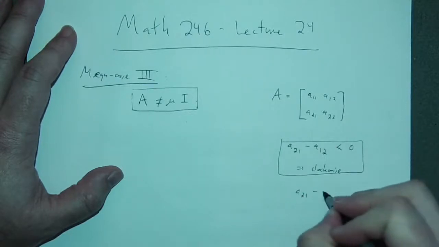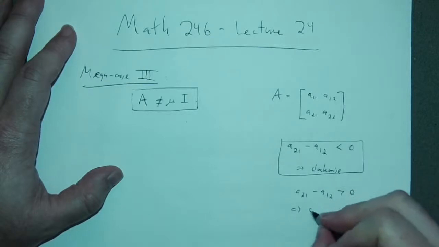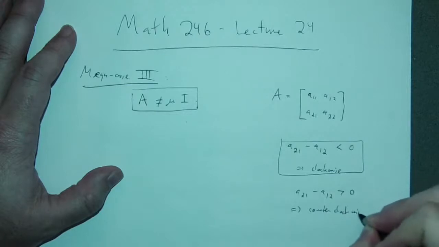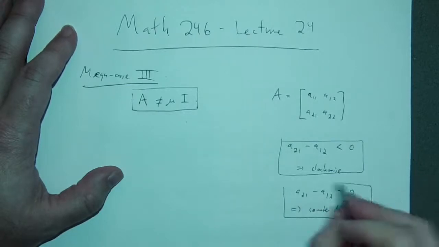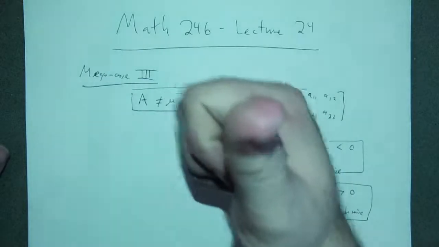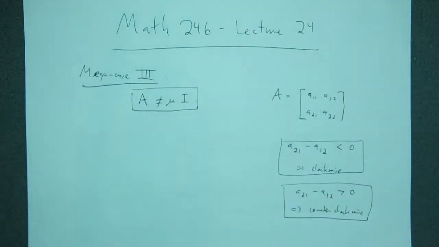And A21 minus A12 greater than 0 implies counterclockwise motion. That's how these cases are going to split up. You can remember this if you like. We could have used the negative of these things if we really wanted to, but I've oriented it in such a way that it matches with the right-hand rule, just like our last test for these things. Okay?